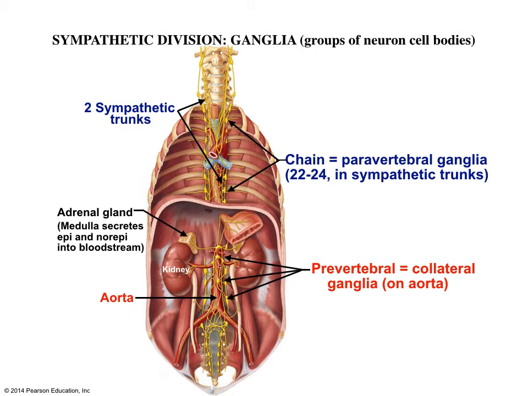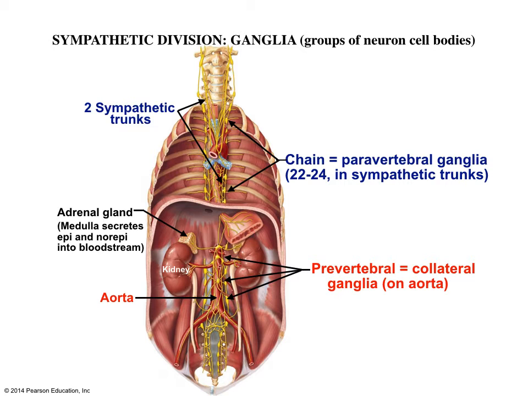Here you can see within the sympathetic trunks, the gold globular structures are those ganglia, which are called chain or paravertebral. Those are within the two sympathetic trunks. There are approximately 22 to 24 of these chain or paravertebral ganglia. Again, they are located in and part of the two sympathetic trunks.